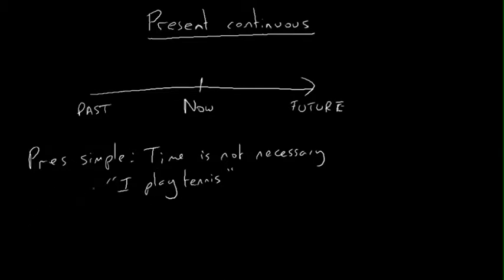If, however, we want to consider something that's happening around the moment now, something that's happening at the moment now, for example, I'm playing tennis, this is the present continuous.